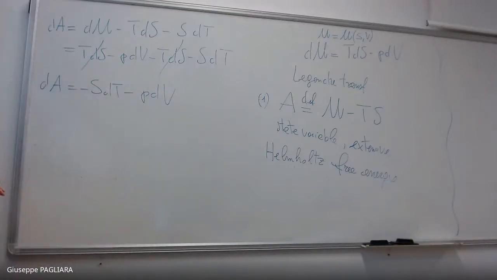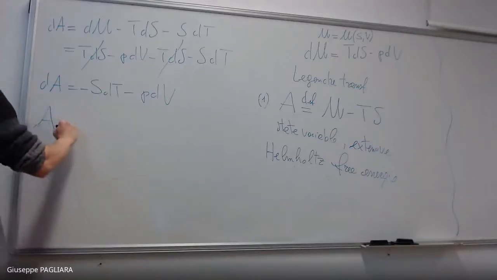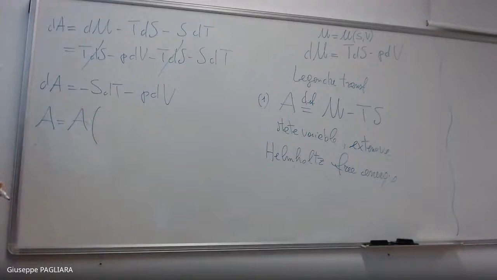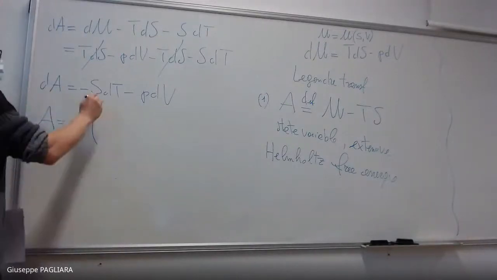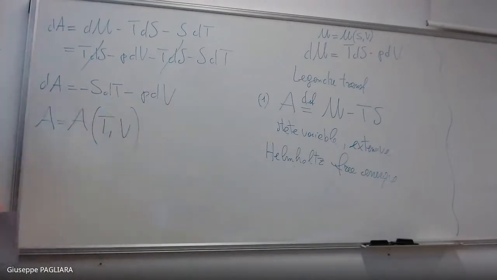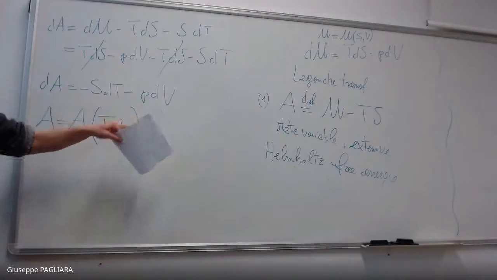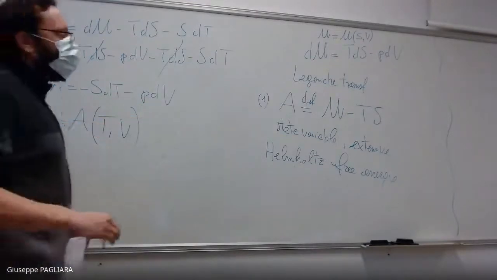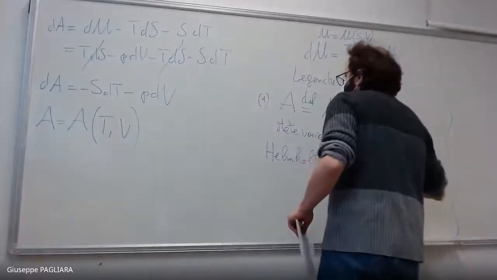And as before, you see now that A, the Helmholtz free energy, is a state variable, this is an exact differential, and it is a function of temperature and volume, dT and dV, and also I can find two other Maxwell relations.